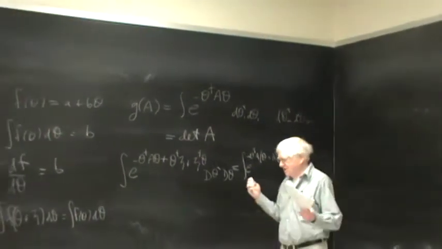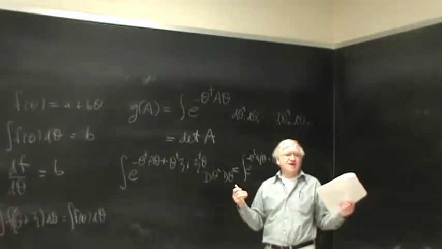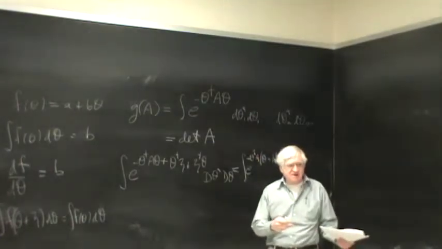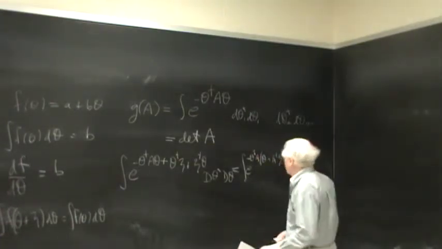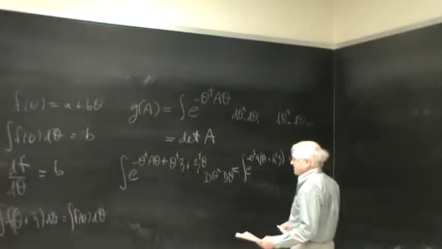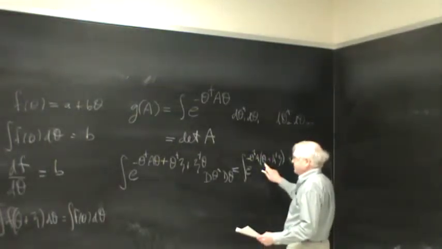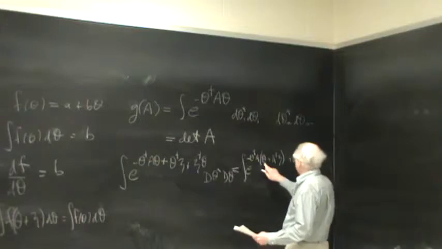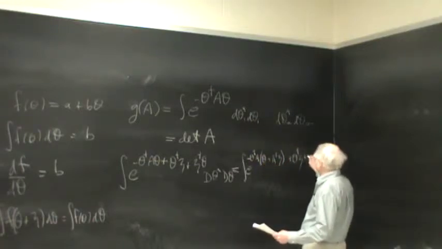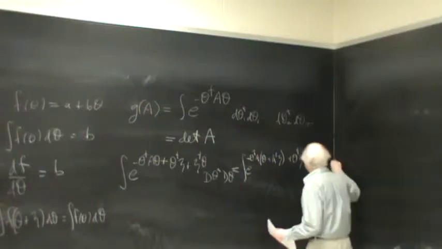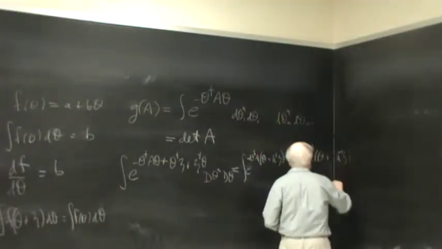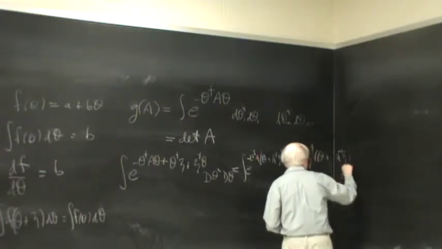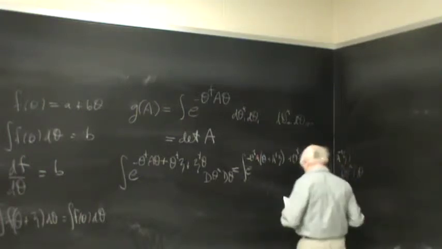You could also choose to think of Z and Z star as independent, and that's an equivalent calculus. So here what I'm shifting is theta, but not theta star. And so the next one is plus zeta dagger, and now this is theta plus A inverse zeta. And now we're doing d theta star d theta.